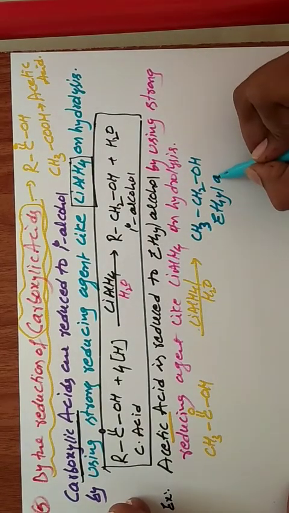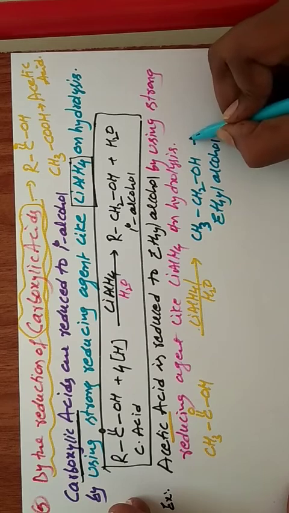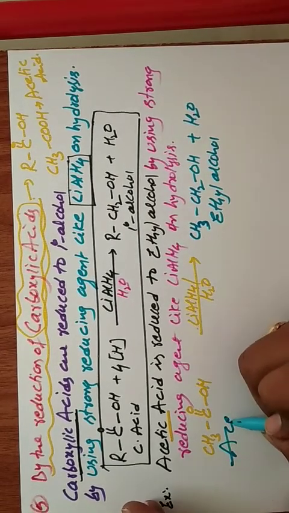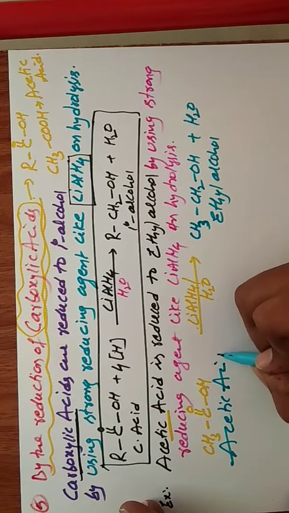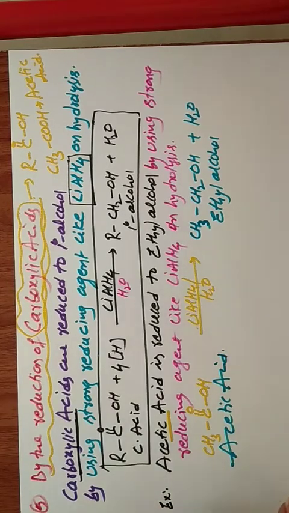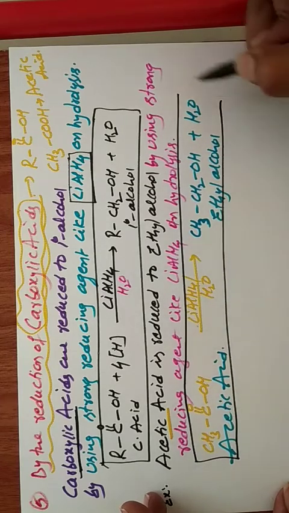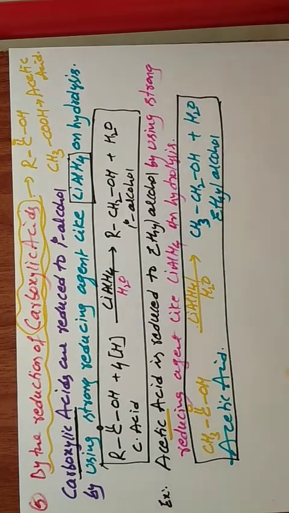So in the case of acetic acid, this is the reaction. Very easy to understand. The acetic acid formula is CH3COOH, which in open structure is C double bond O, bond OH. With LiAlH4 and water, we get ethyl alcohol plus water.